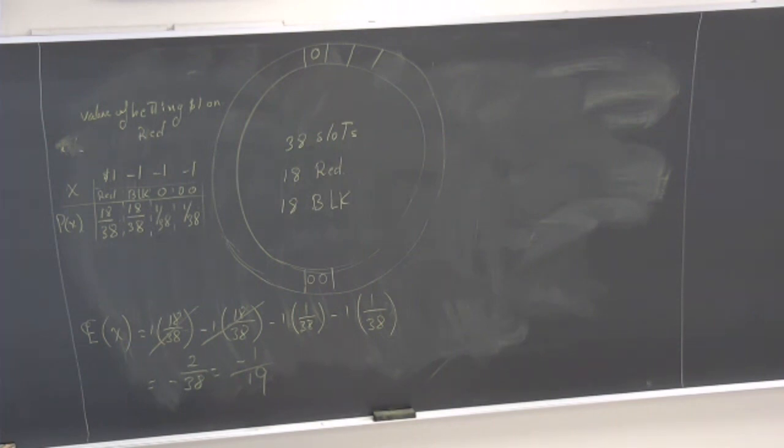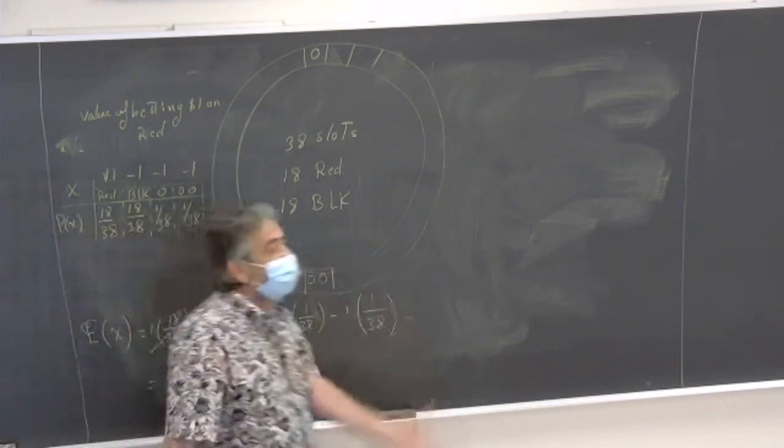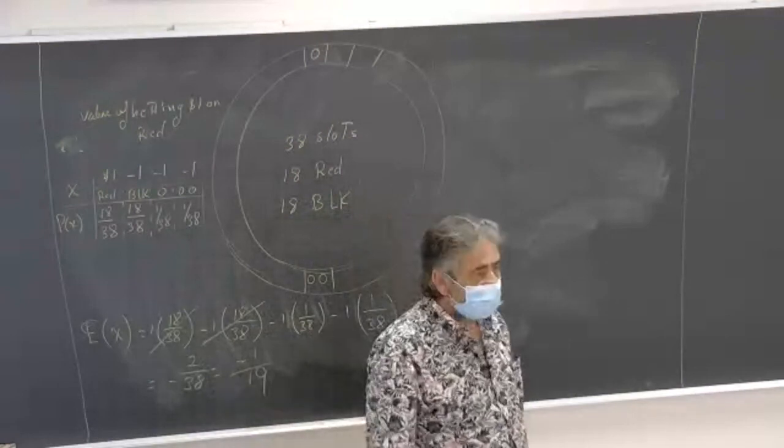So another way, every 19 bets, he basically loses $1. Okay? And of course, for black, it's the same thing. Of course, for 0 and double 0, depending on how much money you win on each scenario.